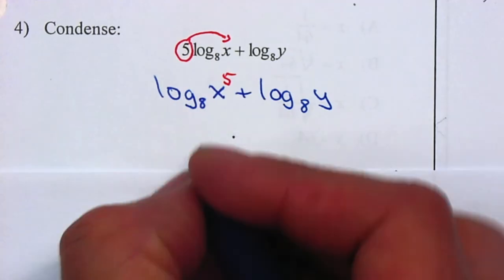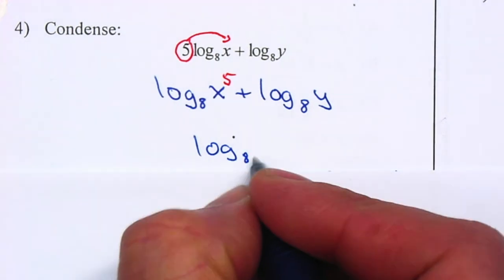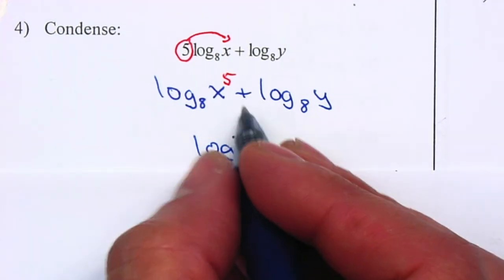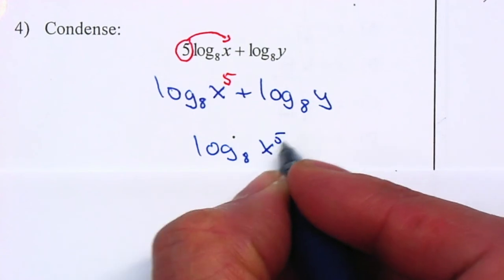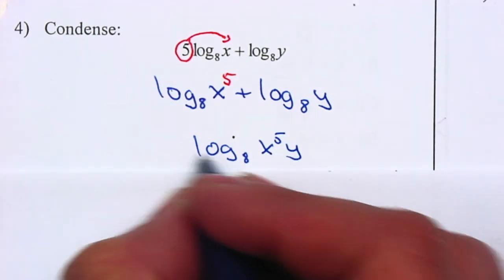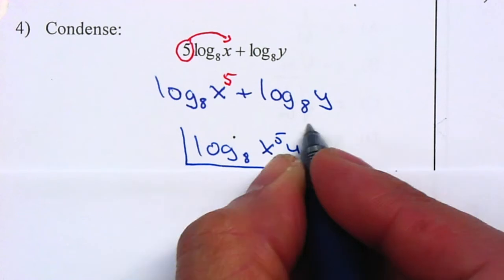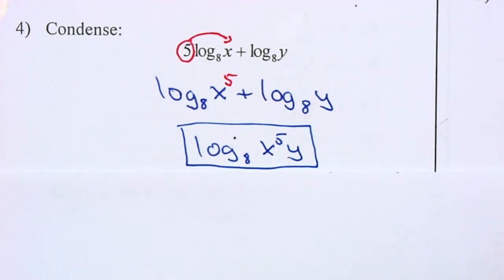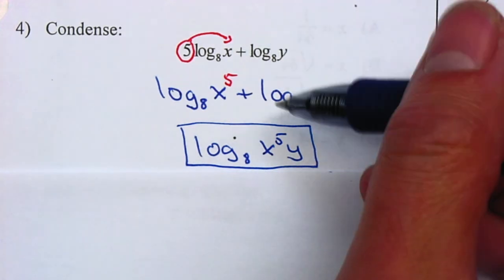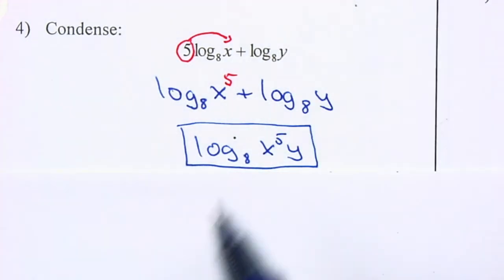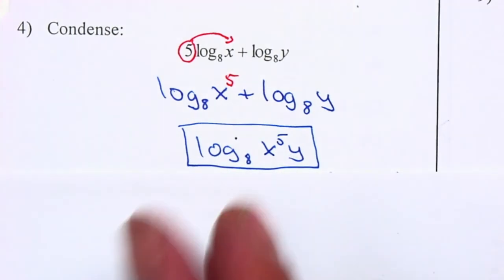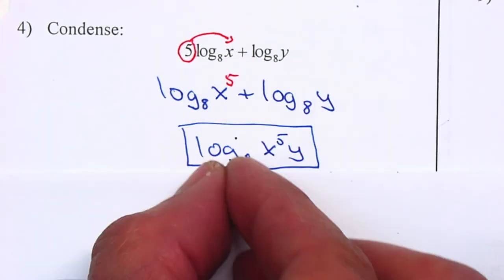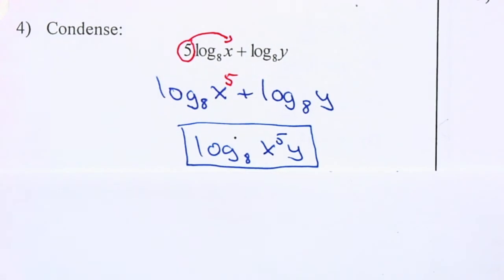Now I can go ahead and combine them into 1 log. Because they are adding, we are going to be multiplying the x to the 5th and the y. And that'll be our final answer. Remember, when you condense, you want to end up with only 1 log. Some of you guys are writing 2 logs as part of your answer. There should only be 1 log because you're condensing from 2 logs into 1.